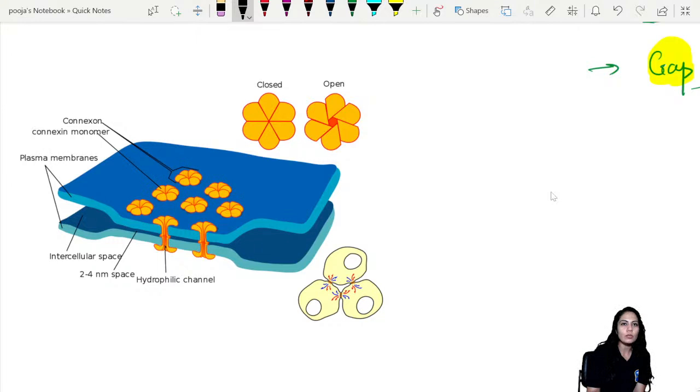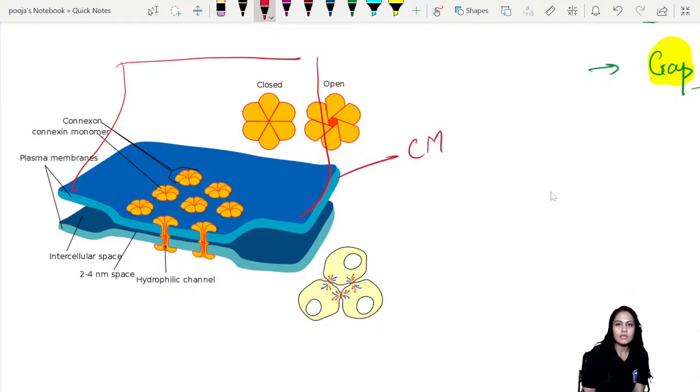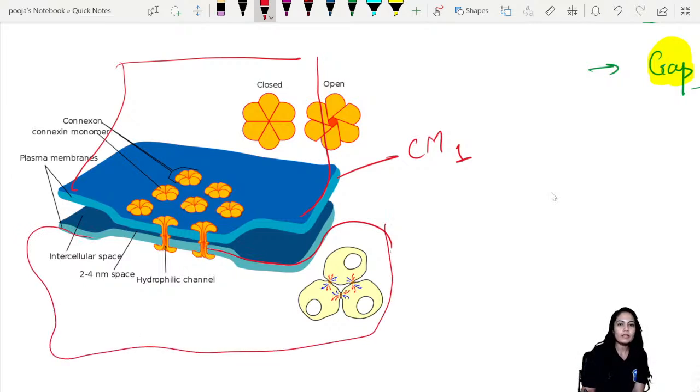What you can see over here are two cell membranes. Assume this is one cell, and this is the cell membrane of the first cell. This is the second cell, and this is the cell membrane of the second cell. You can see the gap junctions between the two cells.